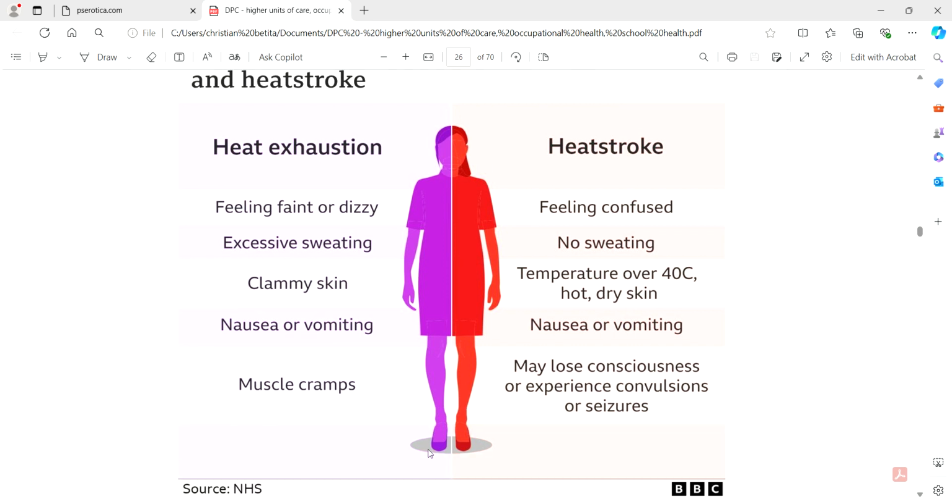With heat stroke, there's confusion. When you reach a certain temperature, you stop sweating. And when the temperature goes over 40 degrees, the skin becomes hot and dry. There's nausea and vomiting with the dehydration, and these patients may lose consciousness or experience convulsions or seizures. Heat stroke is potentially fatal, so this must be arrested as early as possible.